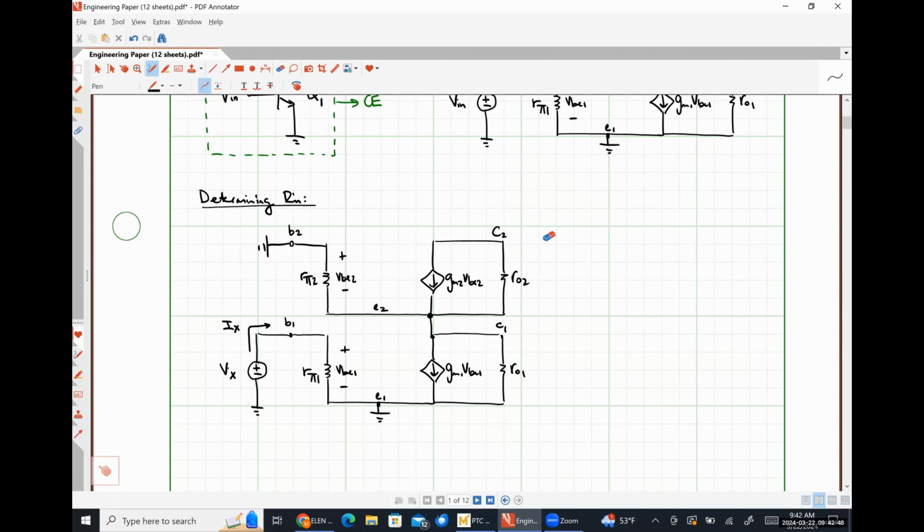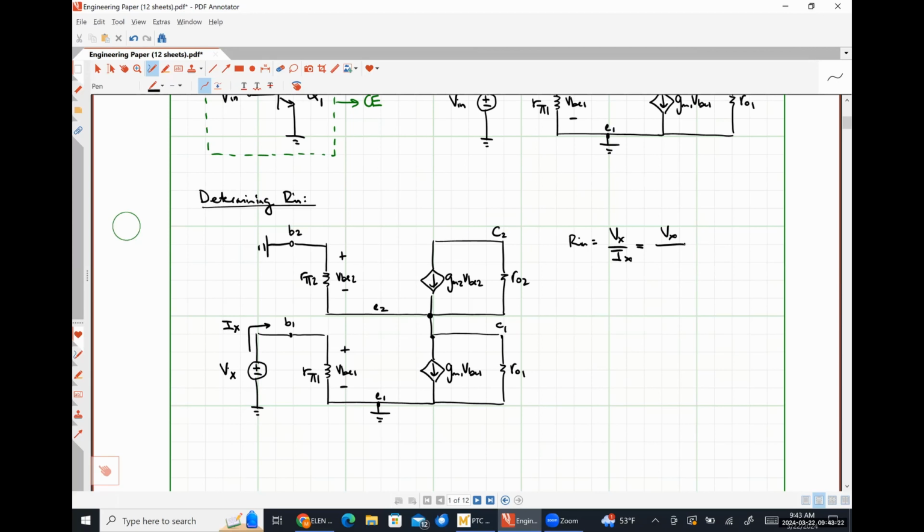So we can see an easy thing or two here for the input resistance. I think our input resistance Rn, defined to be the ratio of Vx over Ix, should be fairly trivial, right? Vx is Vx. Ix is quite obviously the current flowing through our resistor R pi 1.